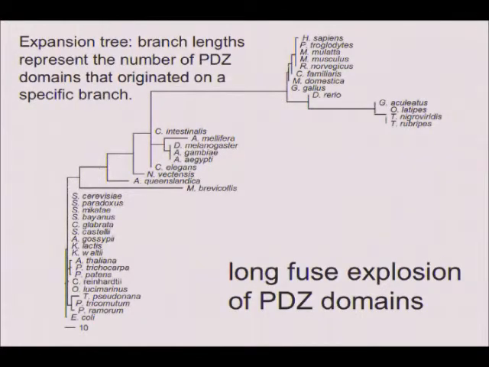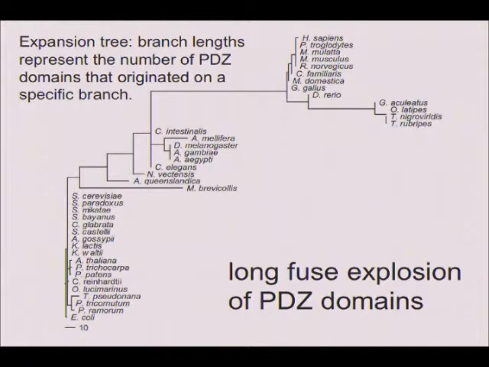Okay, now PDZ domain evolution. Here we take another term that I think Stephen Jay Gould was the first one to use, this long fuse explosion property, in which organisms existed for a very, very long time, all these single cell organisms, and then here's Monosiga.